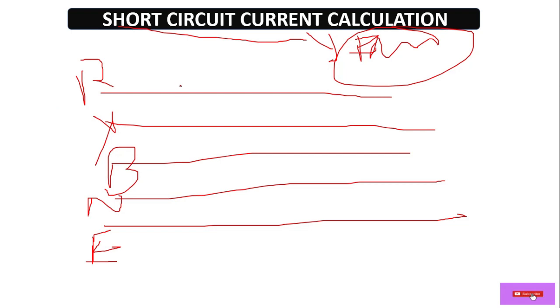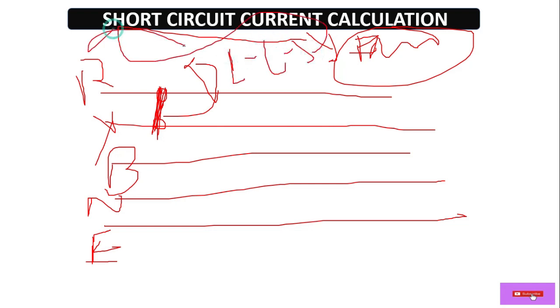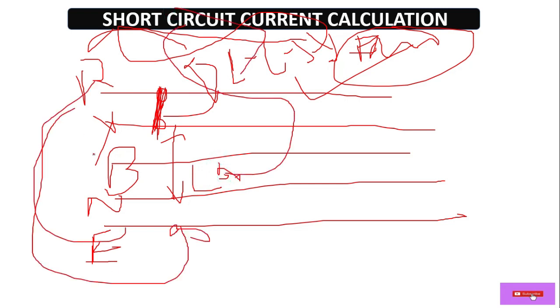When the phases or lines short to each other, that is line to line fault current, or we can say short circuit current. Similarly, between line and neutral, we can say line to neutral fault current, and likewise line to earthing fault current. So these are all basically fault currents, or short circuit current.